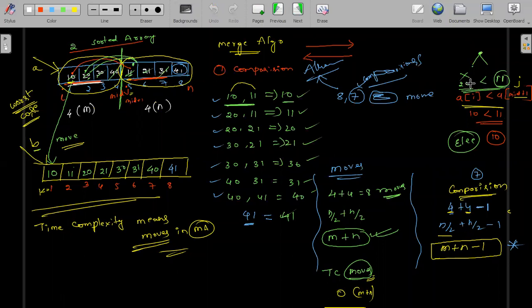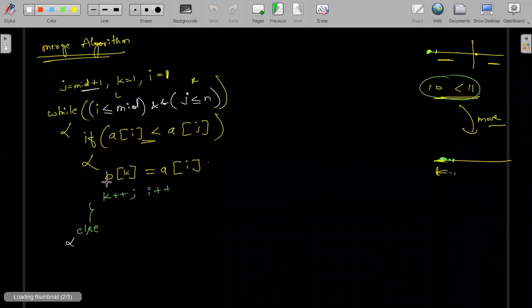If this is the case, what will we do? We will push this element to array B, right? Yes or not? 11 will be moved to array B. That is what exactly we will do. That is the reason to push this right sorted array element into the B array.